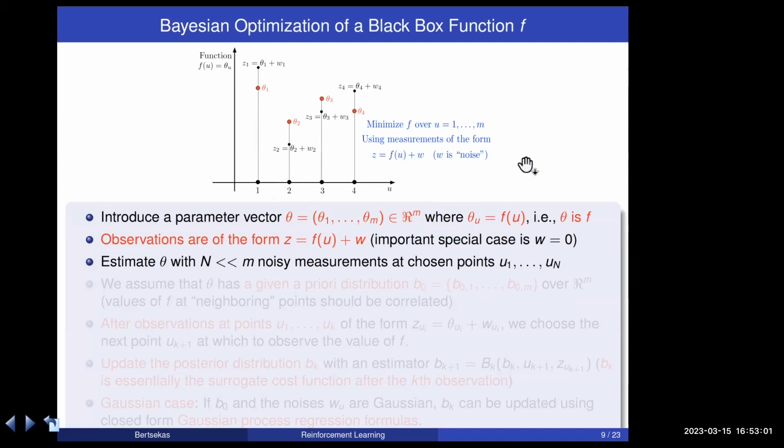In practice, f may be defined over thousands or millions of points, or perhaps an infinite number of points. But Bayesian optimization typically looks to find a surrogate within 10, 20, 50 points, okay? Because the measurements are expensive. The methodology is designed for surrogates with very limited data.